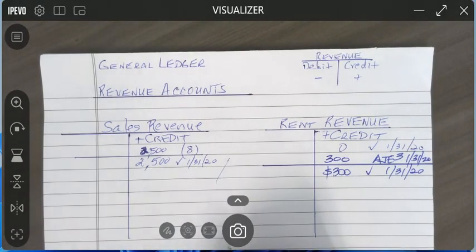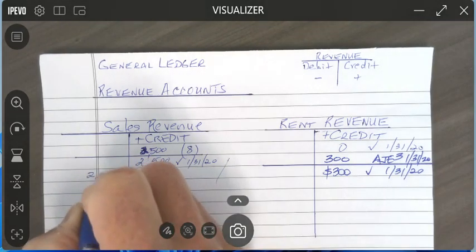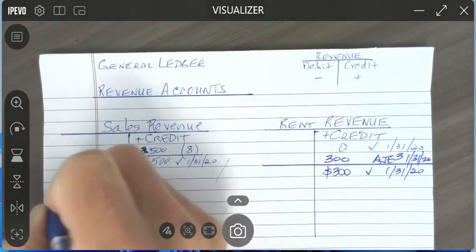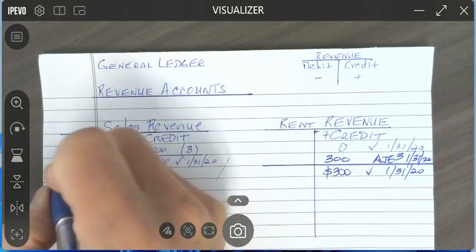And in the first closing entry, we debited sales revenue for $2,500.